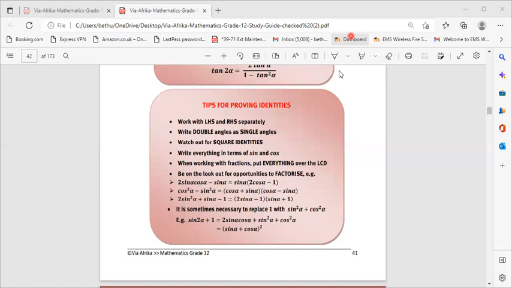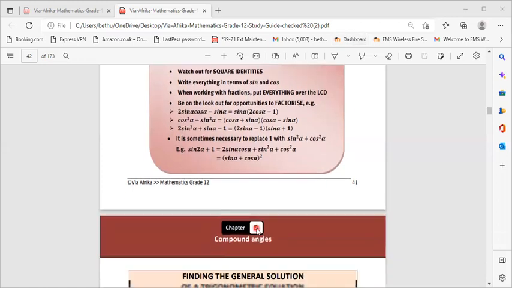If you're given sine 2 alpha plus 1, you can express it as sine 2 alpha plus cos alpha, sine squared alpha plus cos squared alpha. If you can see what this is, you can simplify it and say sine open bracket sine alpha plus cos alpha close your bracket squared. Very interesting, right?